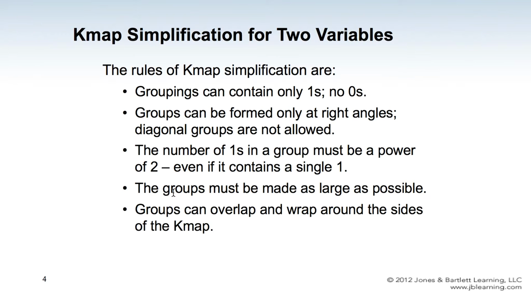The next rule says that groups must be made as large as possible. In case we have more than 1 possible grouping, we're going to select the largest one possible.